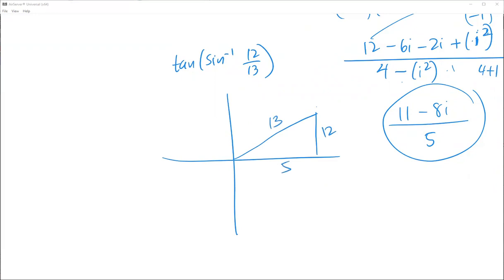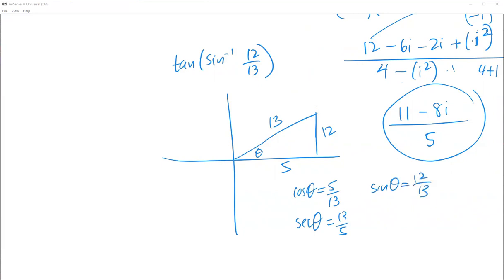All right, but it's helpful because you need to find the secant. The secant is the reciprocal of cosine. So cosine of theta is equal to 5 over 13. That means that the secant theta is equal to 13 over 5. The sine of theta is equal to 12 over 13.